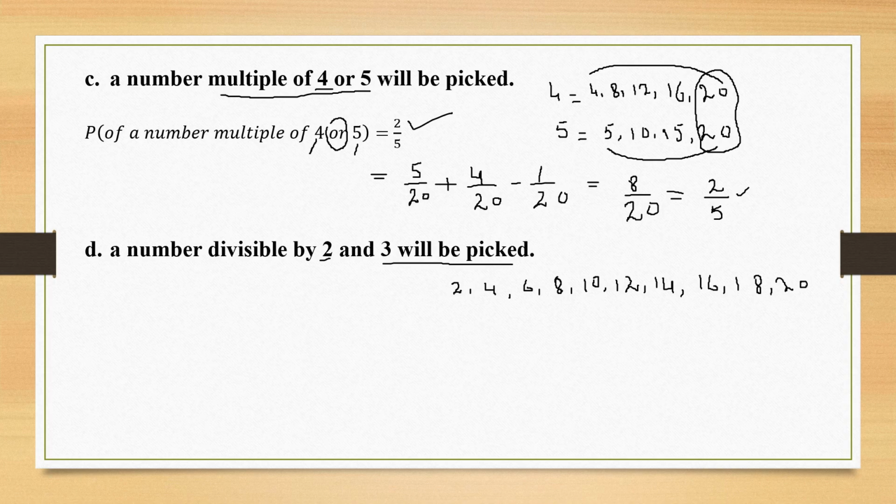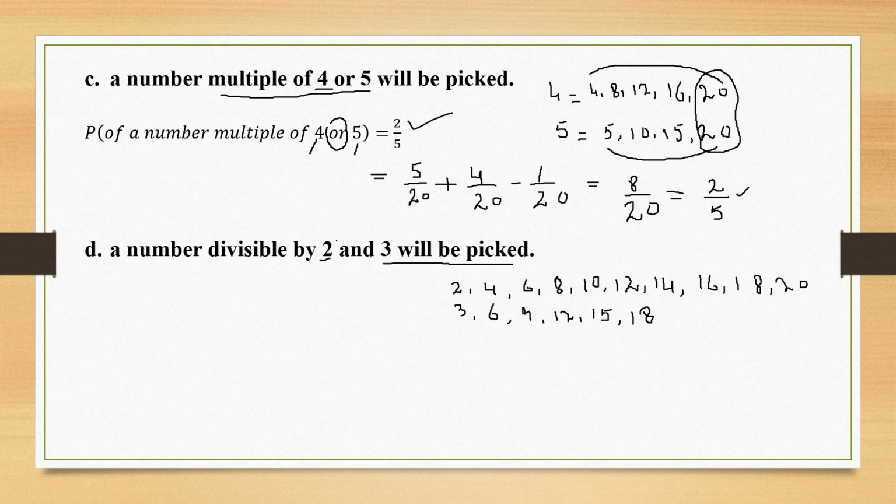Okay, dear student, and now the numbers divisible by 3: we have 3, 6, 9, 12, 15 and 18.